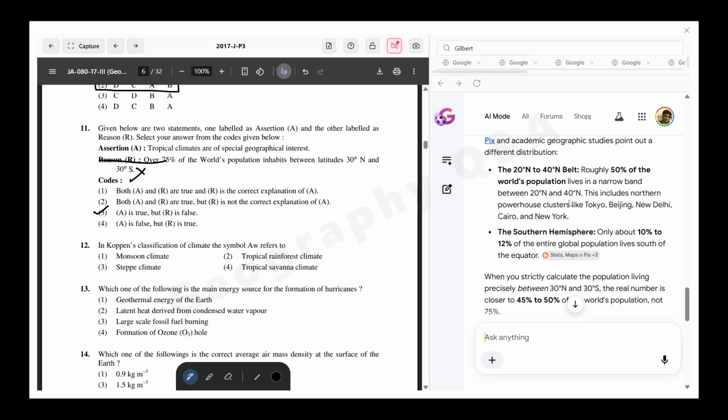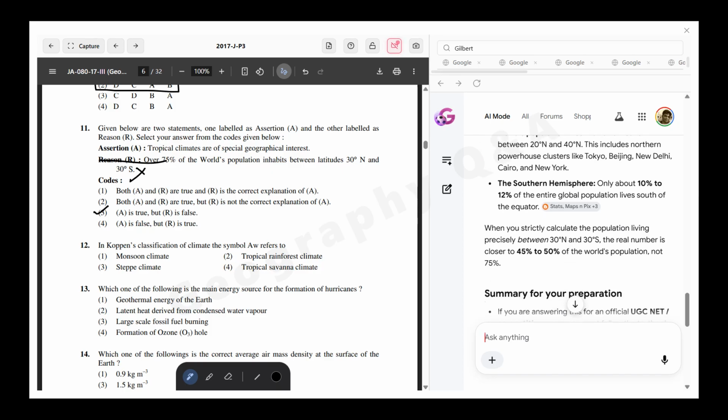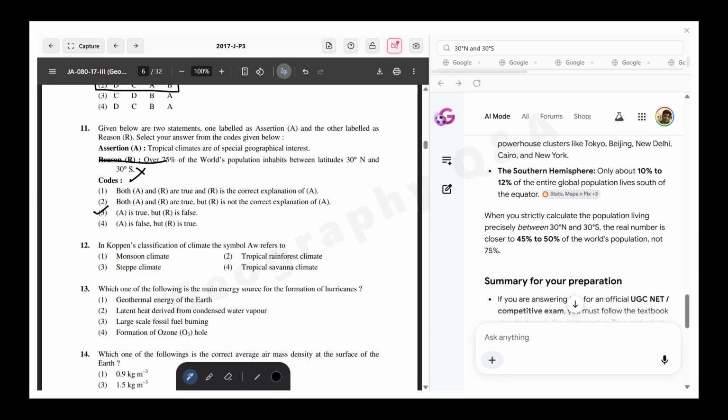This includes Tokyo, Beijing, New Delhi, Cairo, and New York. Southern hemisphere, 10% to 12%. So when strictly calculated, the population living between 30 degrees north and 30 degrees south is between 45 to 50%, not 75%. In the exam context that may be acceptable, but in real sense, that is not the correct answer.